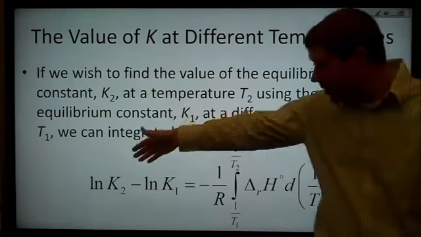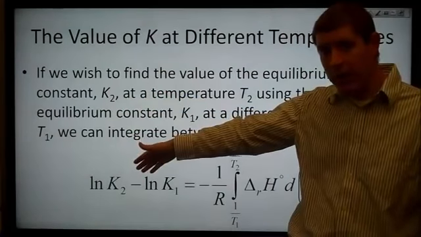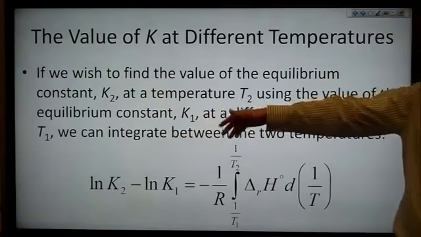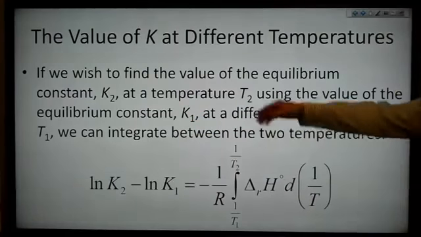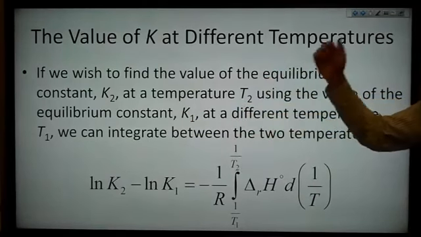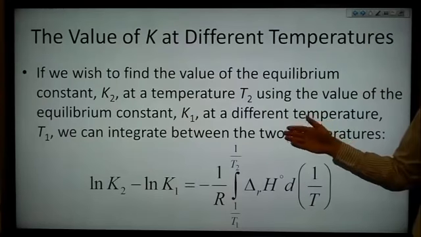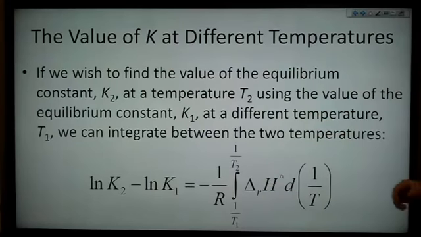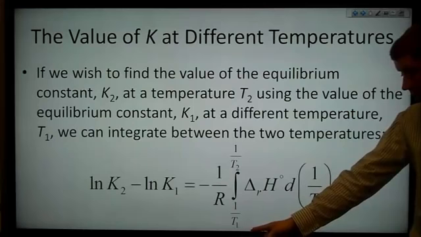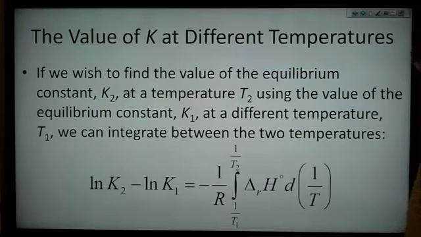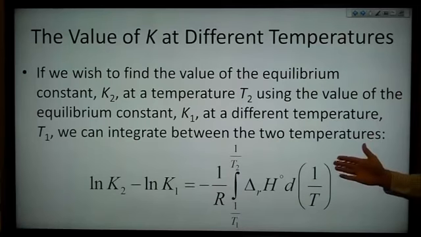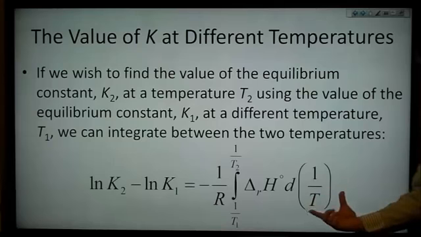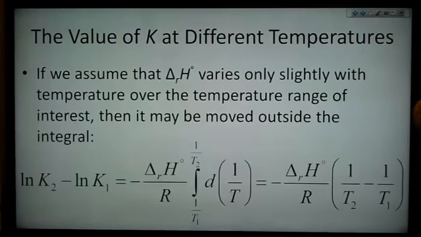So we get the natural log of K2 minus the natural log of K1 is equal to minus the inverse of our gas constant R times the integral from 1 over T1 to 1 over T2 of the standard enthalpy of reaction times d(1/T).